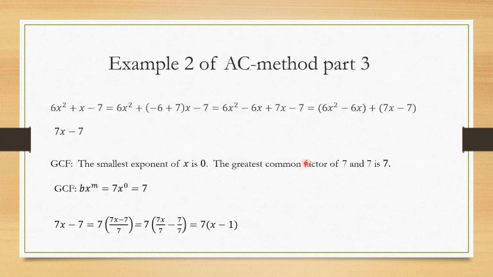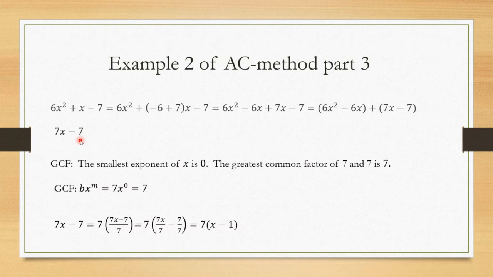Now for the second group, the 7x minus 7. Notice the smallest exponent of x is 0. So m is 0. In other words, we can't factor x out of this group. The coefficient and the constant term both equal 7.